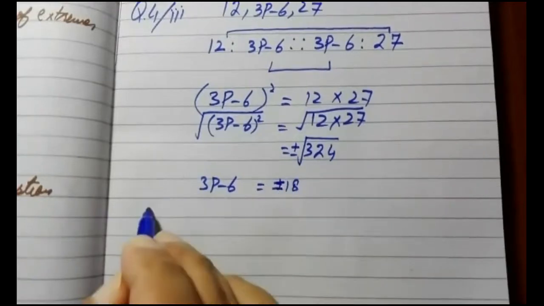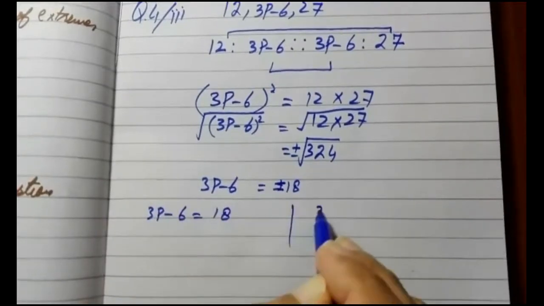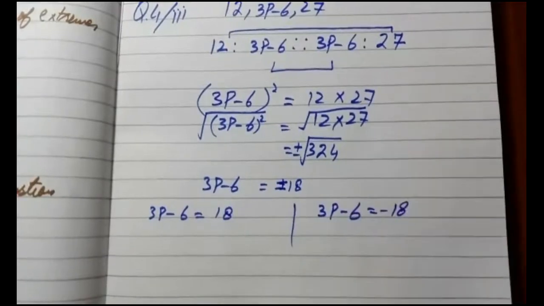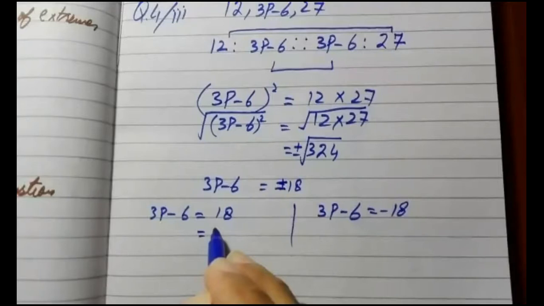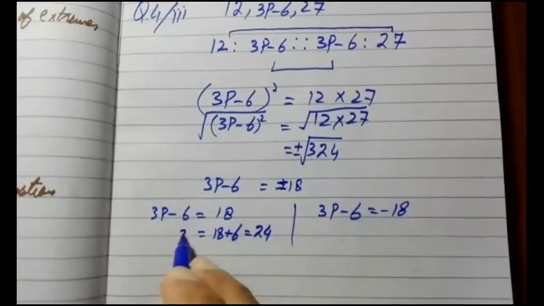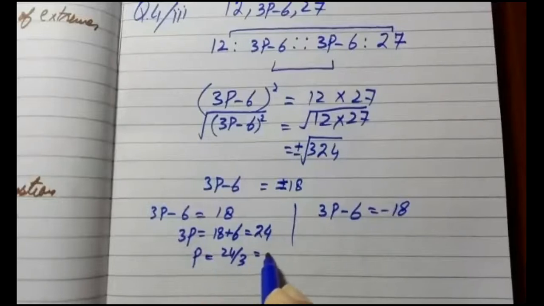So what I have to do, that I will write it separately, plus 18 and 3p minus 6 equals to minus 18, like this, and 18 plus 6 equals to 24, that is equals to 3p. P is equals to 24 by 3, and the answer will be 8.